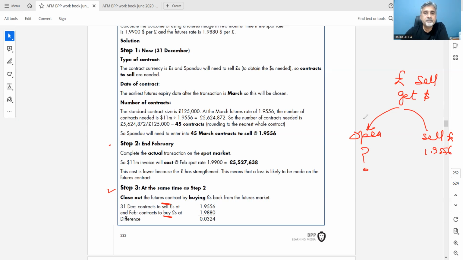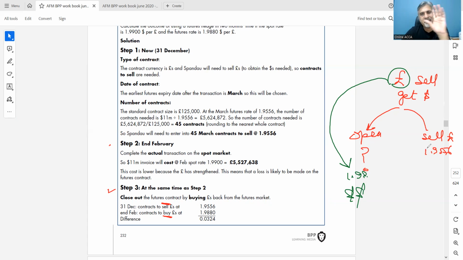And they agreed. When the time comes, I have no intention of selling them. I take my sterlings, come to the market, and buy from the market at 1.99 whatever, and I get my $11 million. This person is still knocking on my door. Mr. Ali, you promised to sell me sterlings. Give me the sterlings now. I say, oh, I don't have sterling because I already bought the dollars from the market.